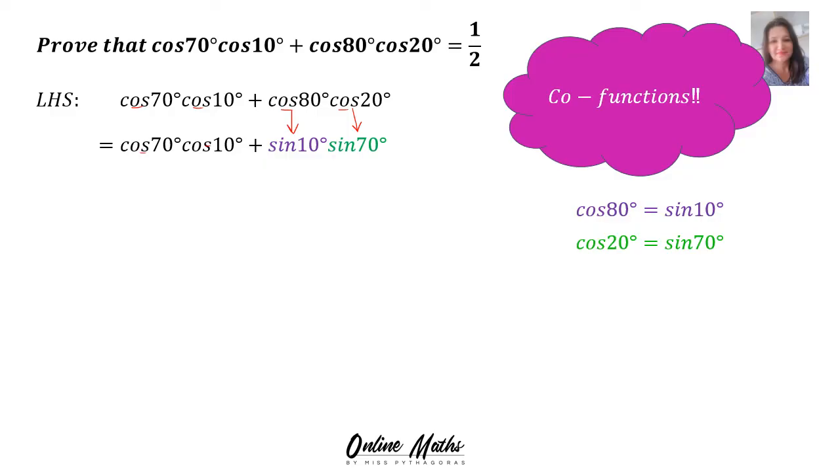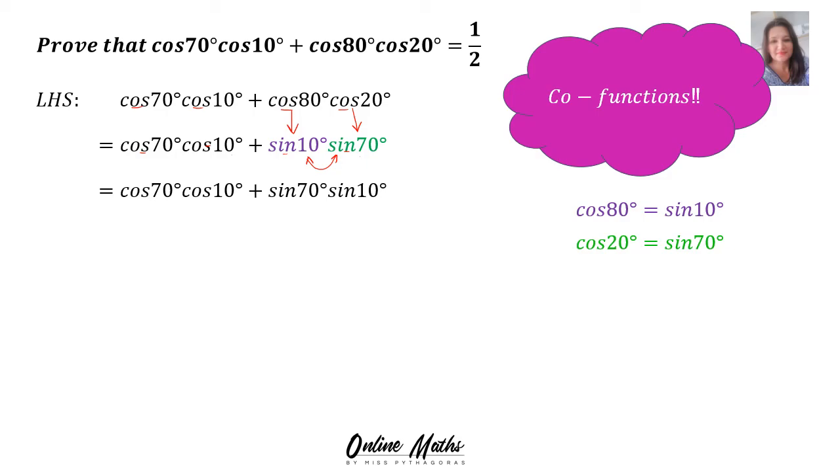Cos, cos, sin, sin. So we check the pattern, but we also have to check the angles. 70 degrees, 10, 10, 70. So that's the problem. They're not in the same order. So we can swap these two around because there's a multiplication in between. So then we end with cos 70 cos 10 plus sin 70 sin 10.